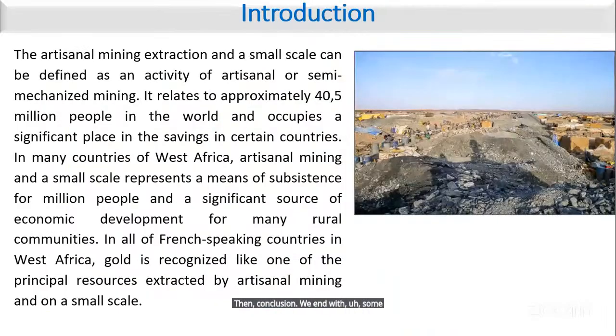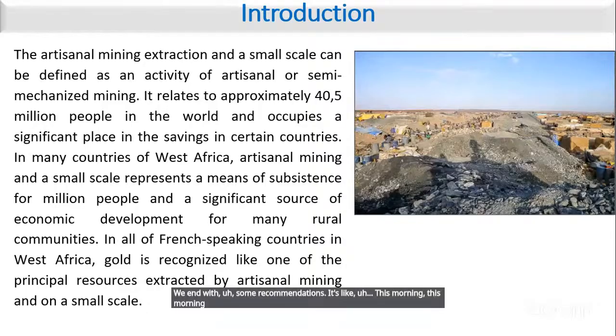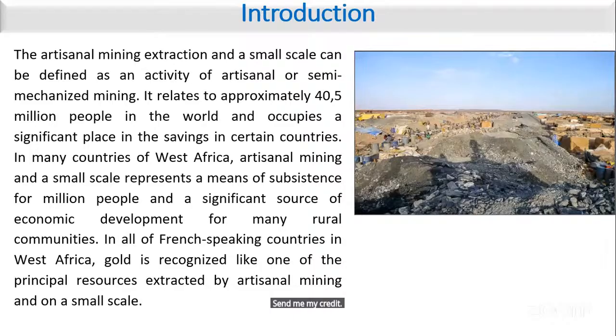Artisanal mining, or small-scale mining, consists of small activities which can be done by hand or by mechanical equipment. You see here a picture of artisanal mining.